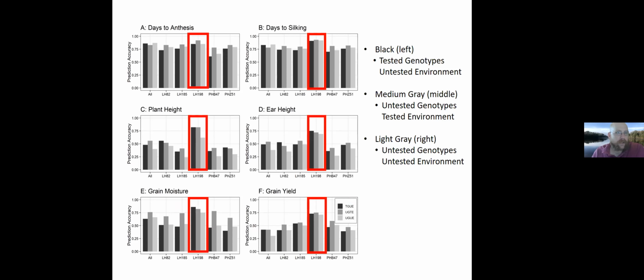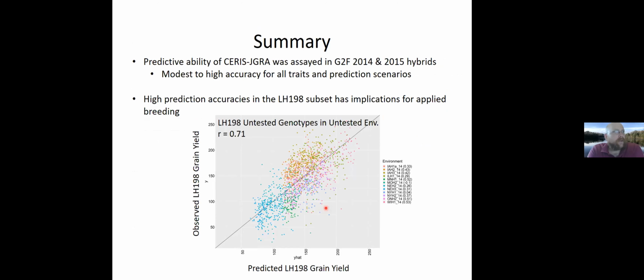But then for LH198, that increases. I have written down 0.59, but that is clearly above 0.59. So we are encouraged by the results for LH198.